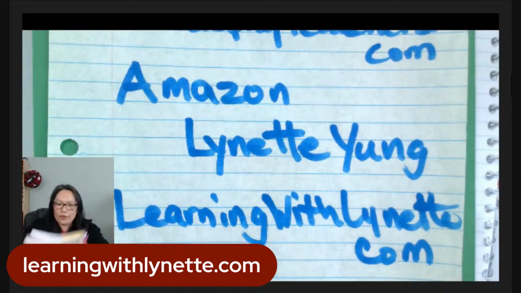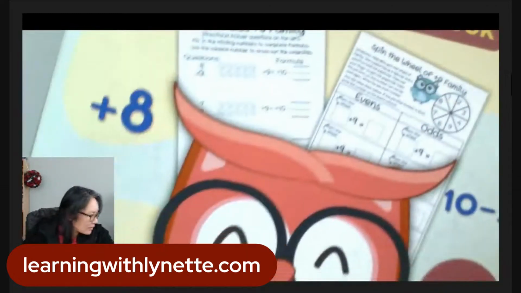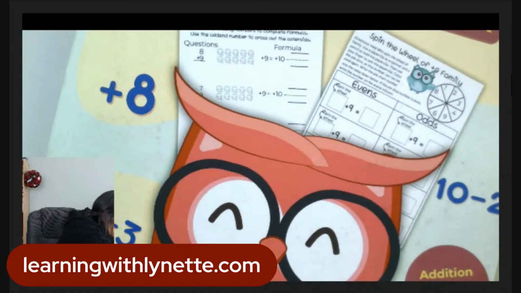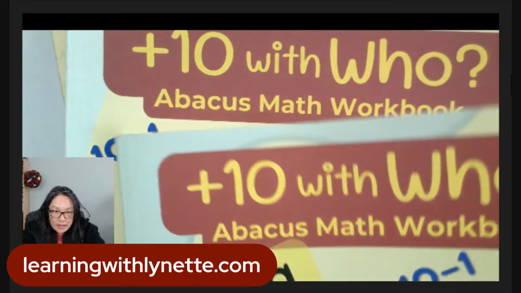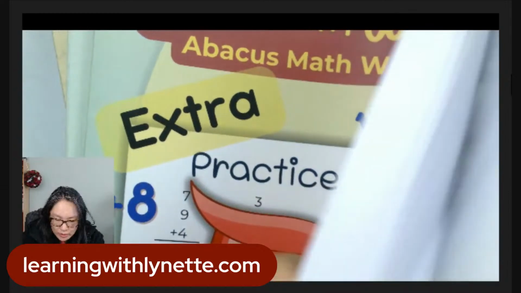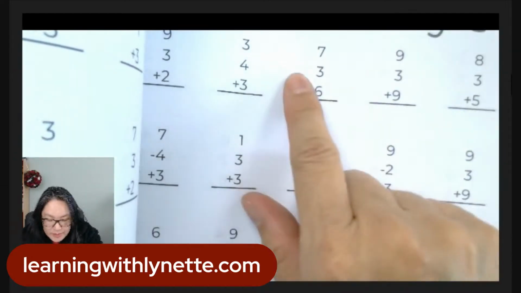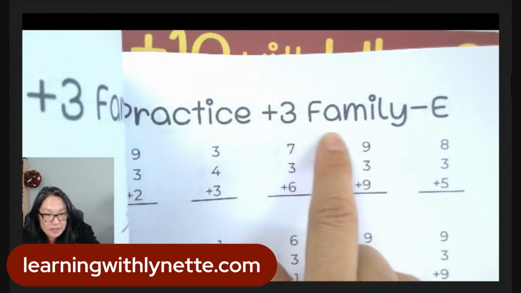If you're looking for extra math, it's available. What I did here is I broke up the plus tens, and if you wanted extra questions that are very number specific, I broke it up into the plus threes.